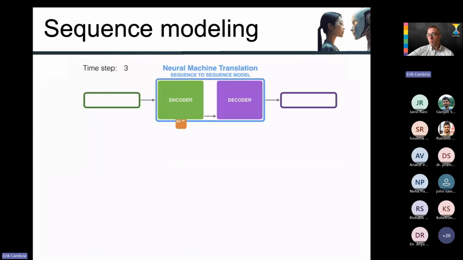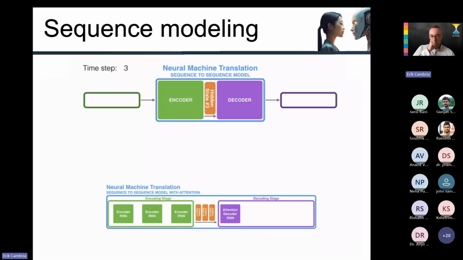I have once again my sliding window, and I can also stack more encoders, more recurrent neural networks, inside to do this as I go through the sentence. And then once I build the final hidden state that I pass to the decoder, I do the same in the decoding phase to translate the sentence into the target language.